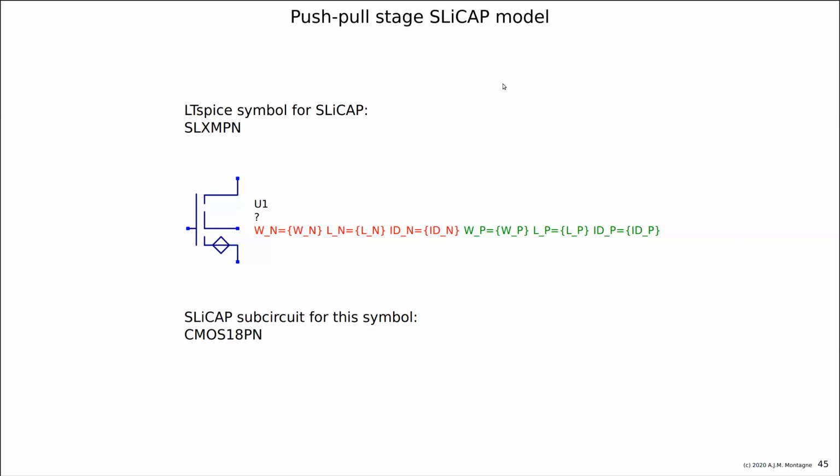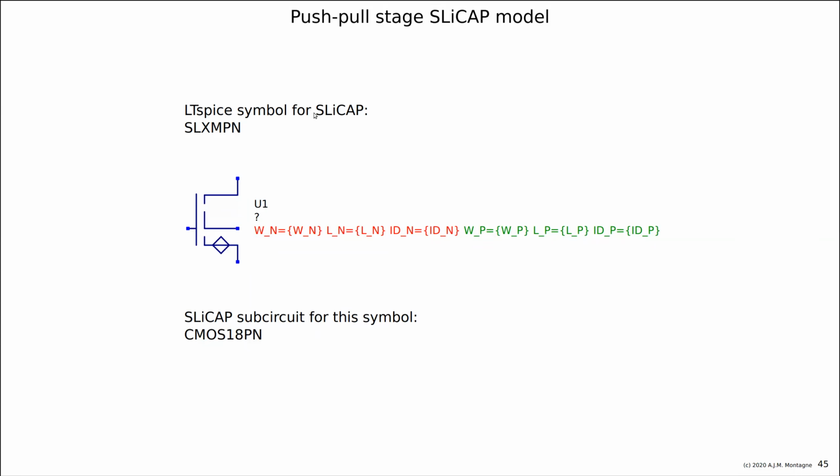There's also a SLiDeGap model. And it's just one symbol because it's a P and an N in parallel, and it's a small signal model, but there are two devices in it and they are just placed in parallel. So in red, you see the width, the length, and the drain current for the N device, so subscript N, and in green, you see the parameters for the width, the length, and the current of the P device.